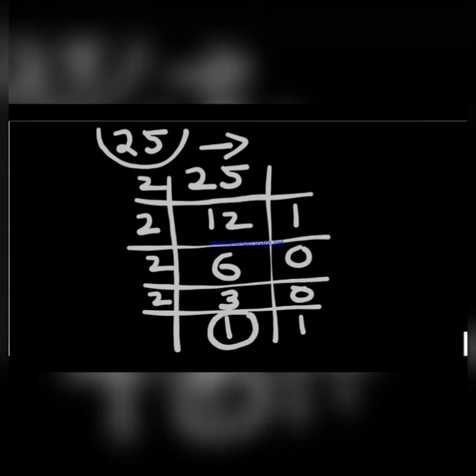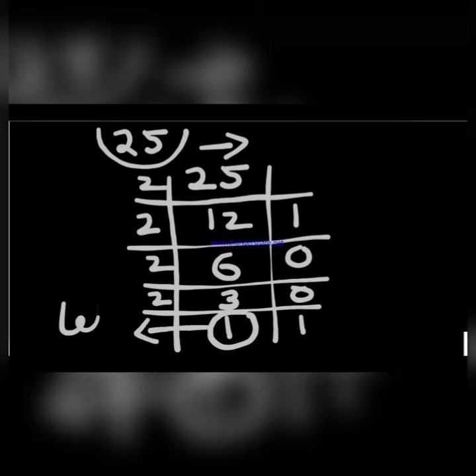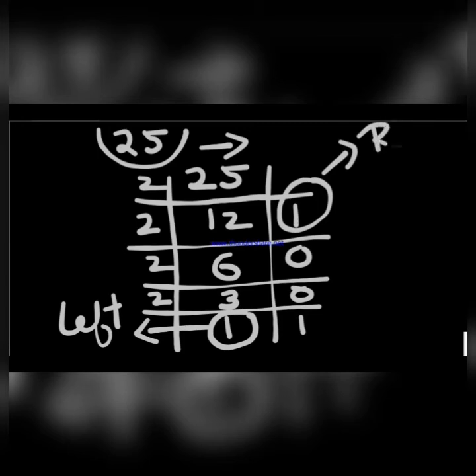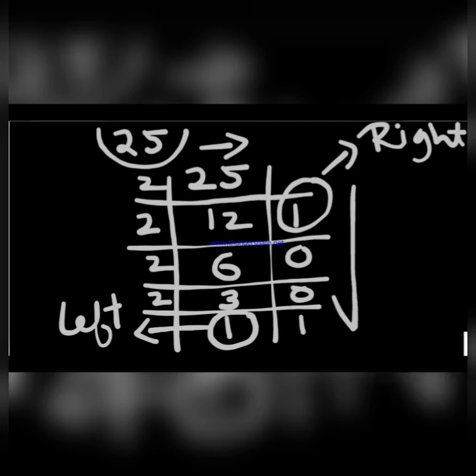This is our most significant digit. It will be the leftmost digit, and this is the least significant digit, that is the rightmost digit. So we'll be writing downwards.